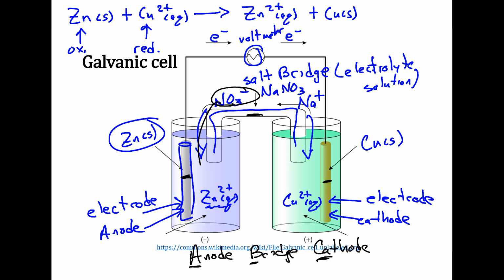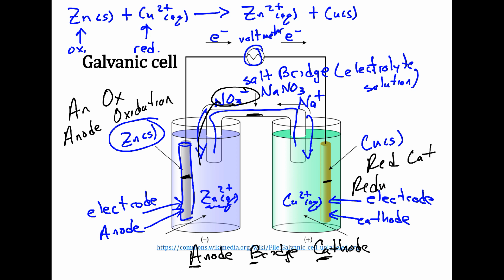Well, remember we have An Ox on this side, which stands for anode is oxidation. And then over here, we have a red cat, which means that reduction is the cathode. So if you can identify from your overall reaction what species is being oxidized and what species is being reduced, as soon as you recognize what's being oxidized, that's An Ox, so that goes at the anode, oxidation occurs, and whatever's being reduced is the red cat, and that goes at the cathode.